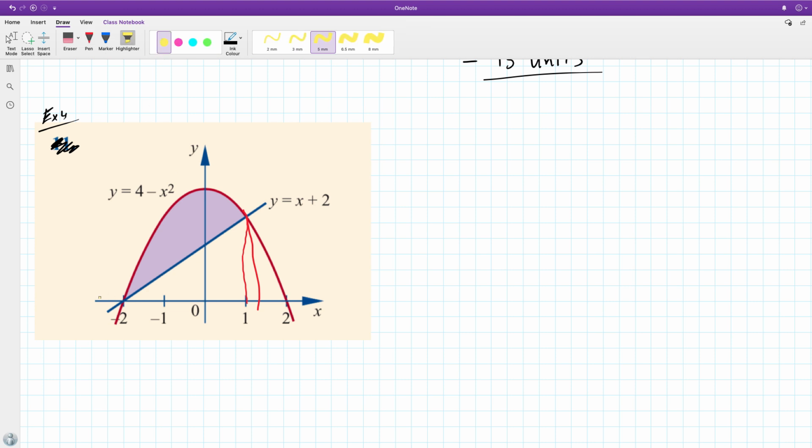Our problem is when we integrate 4 minus x squared, we're getting all of this. And when we integrate x plus 2 between 1 and minus 2, we're going to get all of this. So what are we going to do?